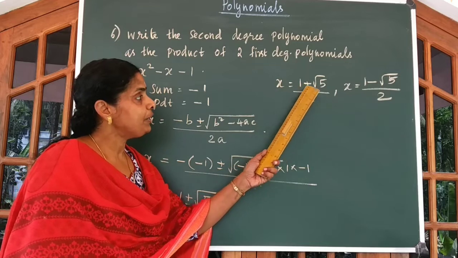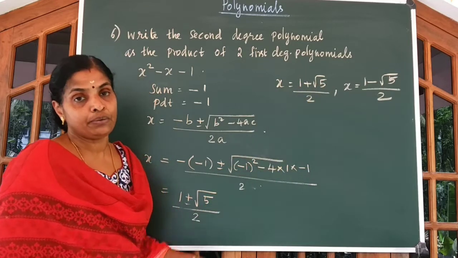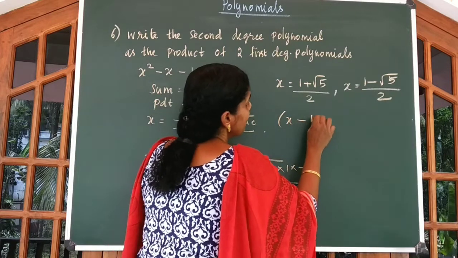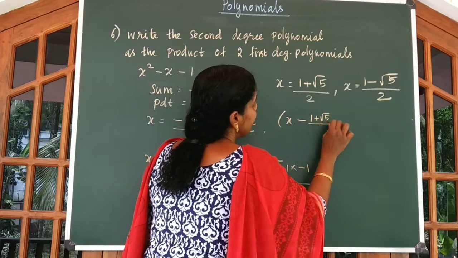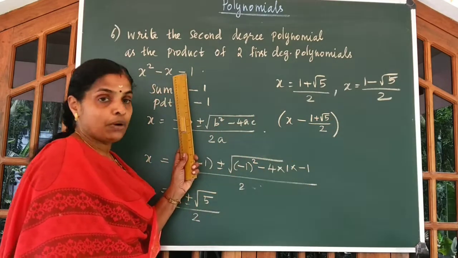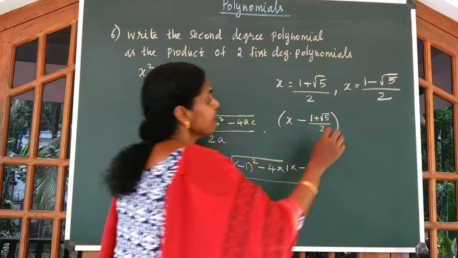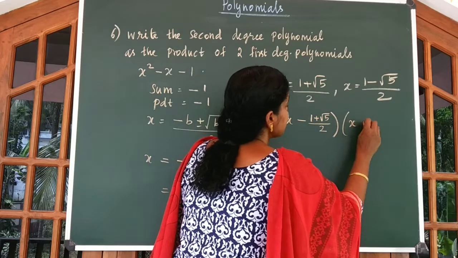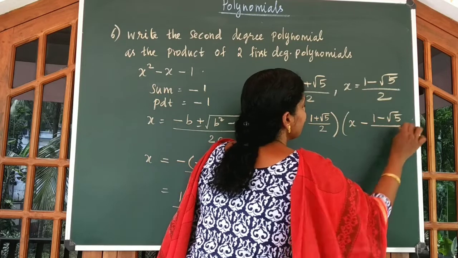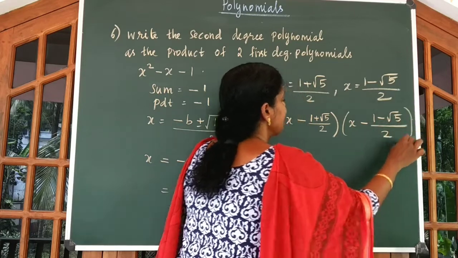Since x is equal to 1 plus root 5 by 2, we can say x minus of 1 plus root 5 by 2 is a factor of this polynomial, and also the second factor is x minus of 1 minus root 5 whole thing divided by 2.